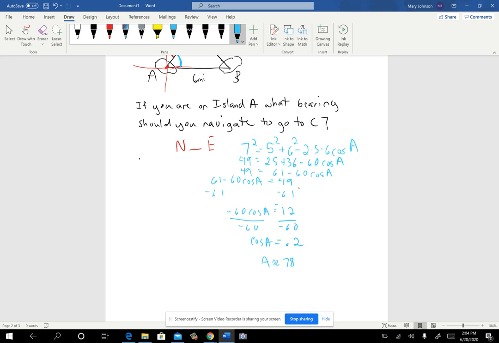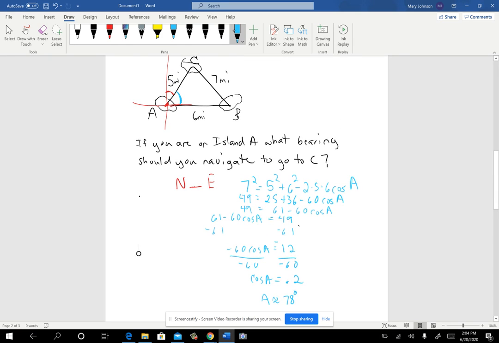It was like 78.46, so it's about 78 degrees. Now this is 78 degrees, so for the angle we need, I'm going to take 90 minus that 78. That's going to give me 12 degrees. So that needs to be my bearing.